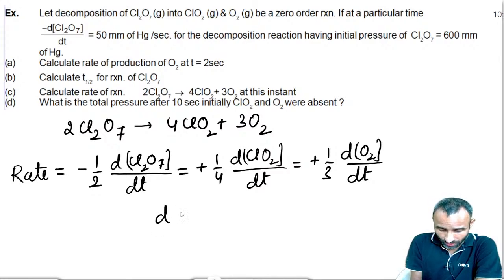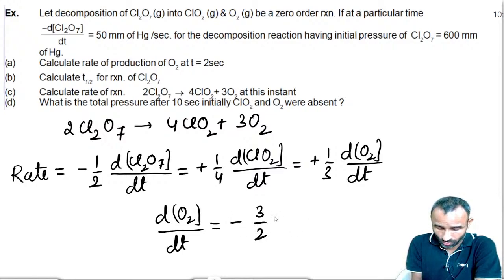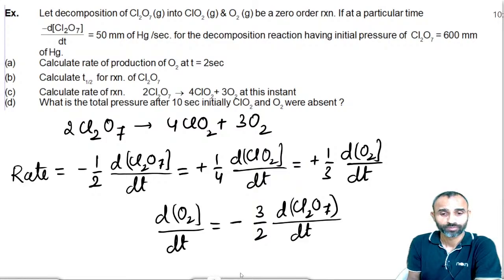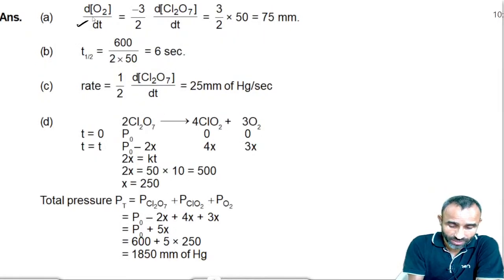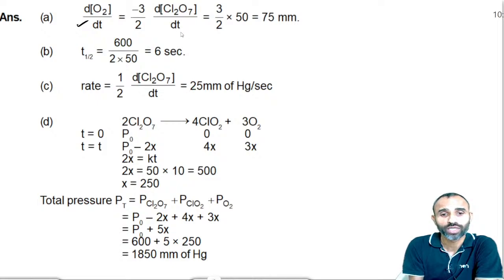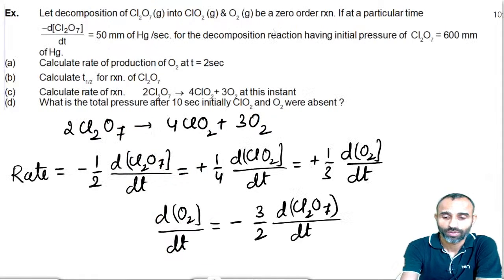In this way, d[O2]/dt comes out to be minus 3 by 2 d[Cl2O7]/dt. That's what is written: d[O2]/dt is minus 3 by 2 d[Cl2O7]/dt. The value given is 50, so it comes out to be 75 mm. That is the rate of production of O2.